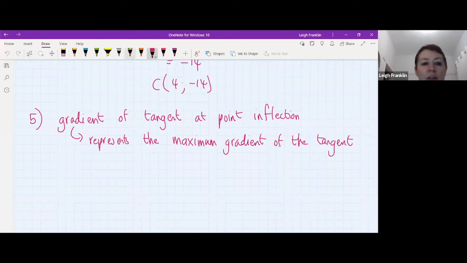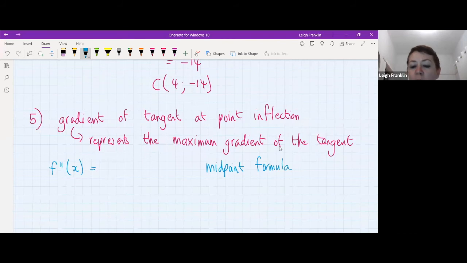So we can choose here. We can either do the second derivative or we can do the midpoint formula. The choice is up to you. I think often the midpoint formula is a little bit quicker and easier.